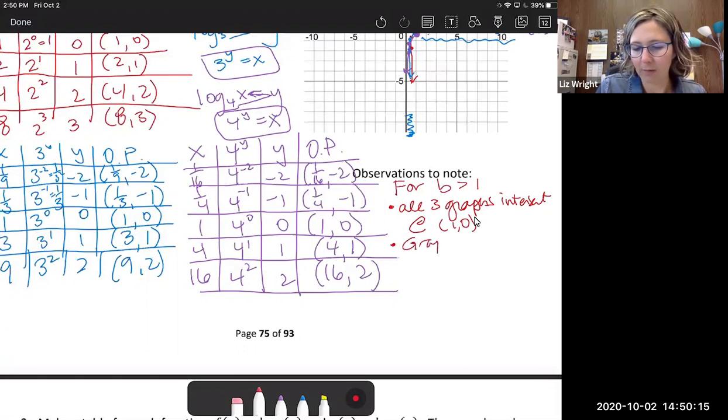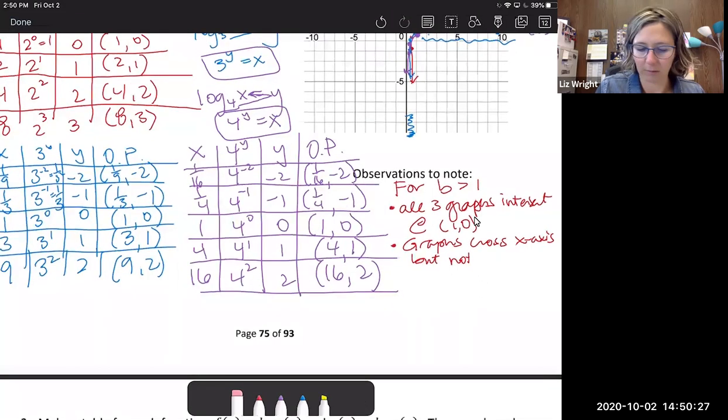Graphs cross the x-axis, but not the y-axis.